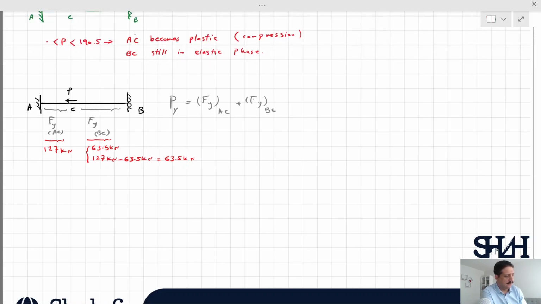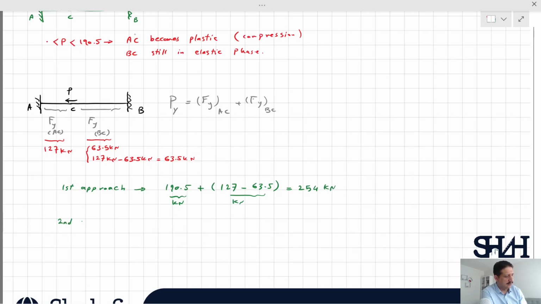So first approach, 190.5 plus the remaining capacity of the element which is not plastic yet. So 127 minus 63.5 kilonewton. So it will be 254 kilonewton.